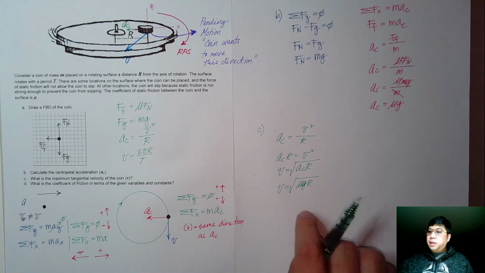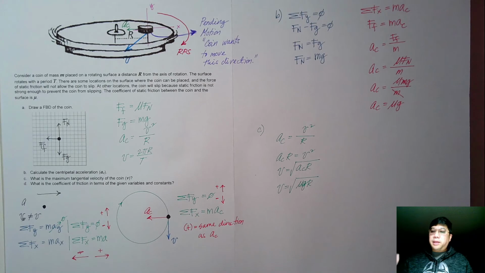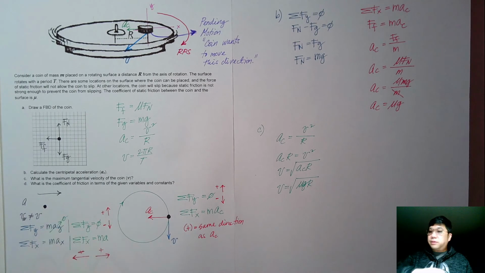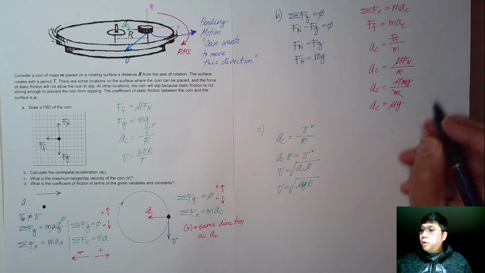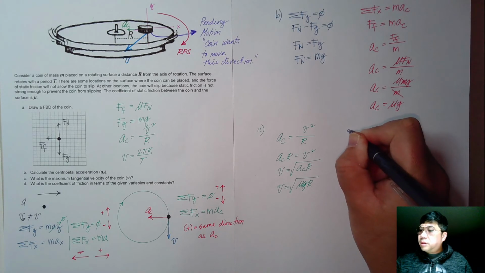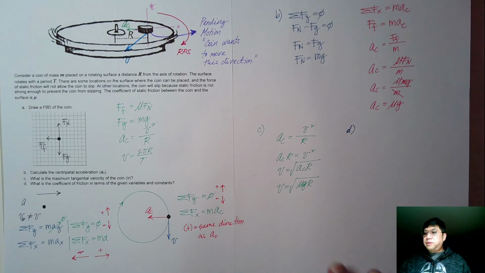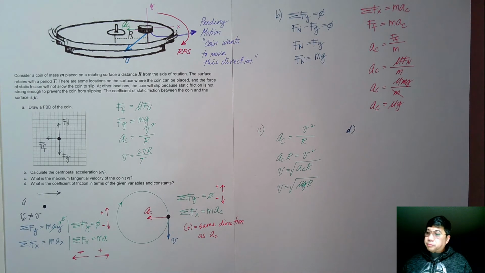Okay. Now, since we are trying to solve for the coefficient of friction, let's solve for letter D. I want to solve for the coefficient of friction according to the problem.